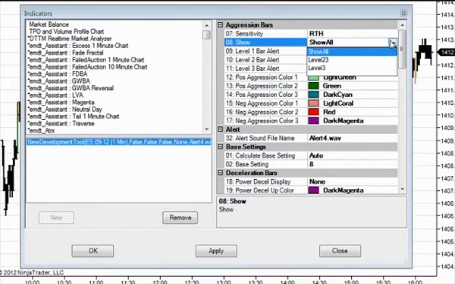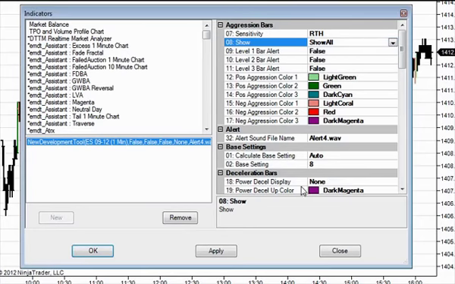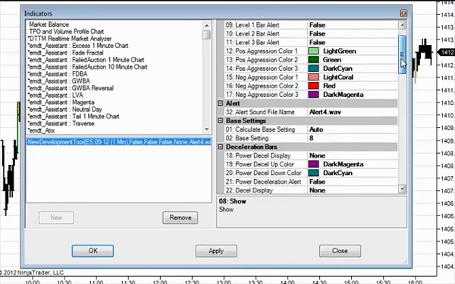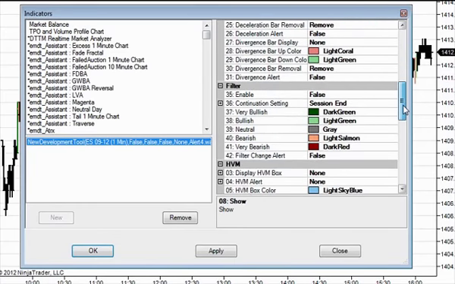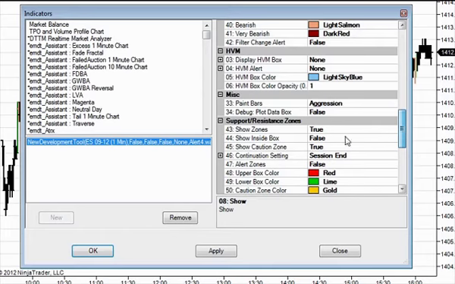You can show all of them. It's also going to work on a lot more time frames and work better in the overnight session. But I just wanted to show it because it's easier to show each component at a time. So I'm just going to add the support resistance zones and turn those on. Click OK.